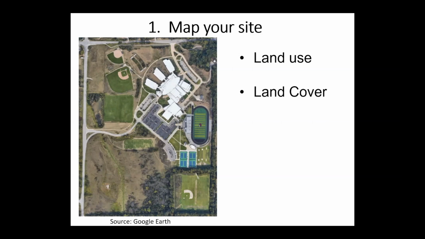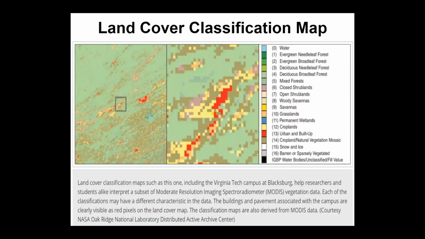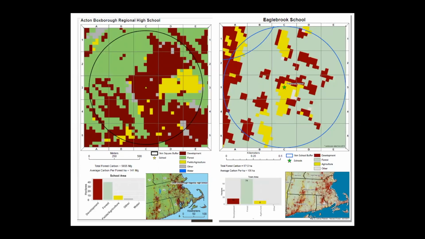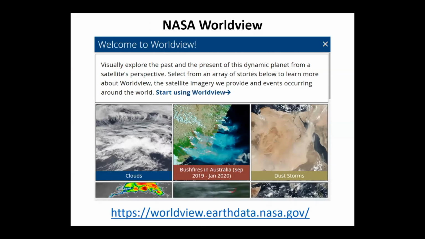And you can see all of the different land uses and land covers. And from there, you could construct a land cover classification map. And here's an example of a couple of schools that have done that. Later on, you're going to see in our agenda of things that are coming up, these types of things will be addressed, so I'm not going to spend a lot of time there.